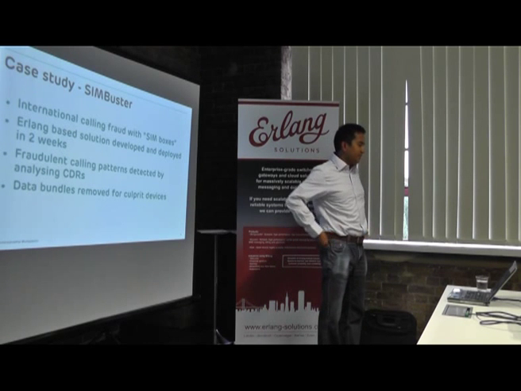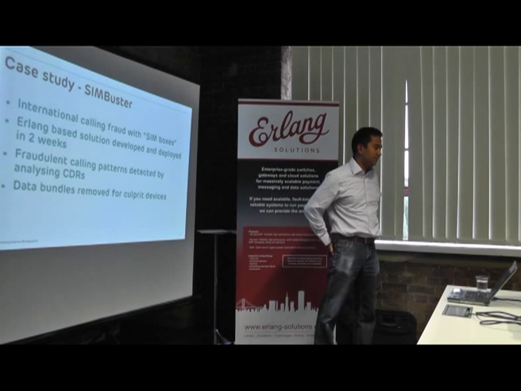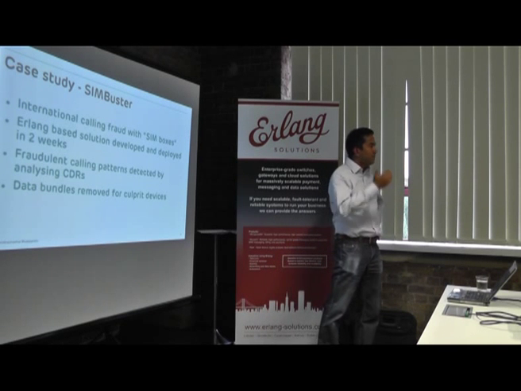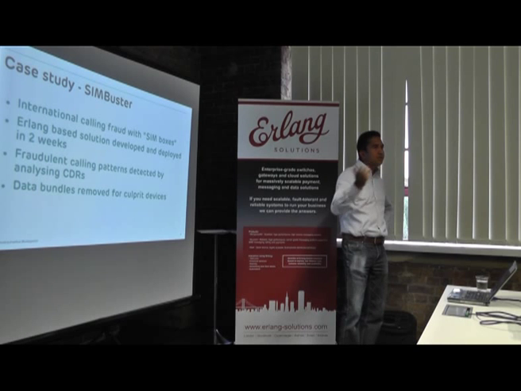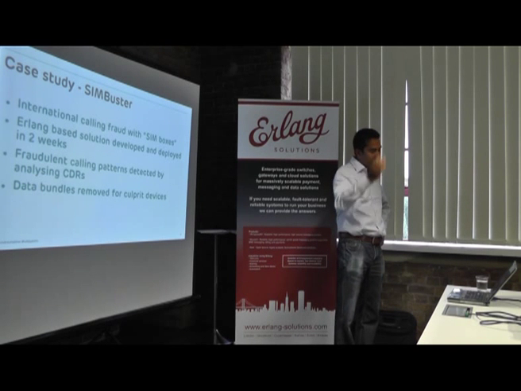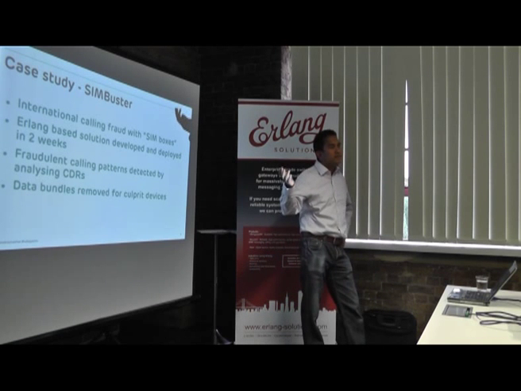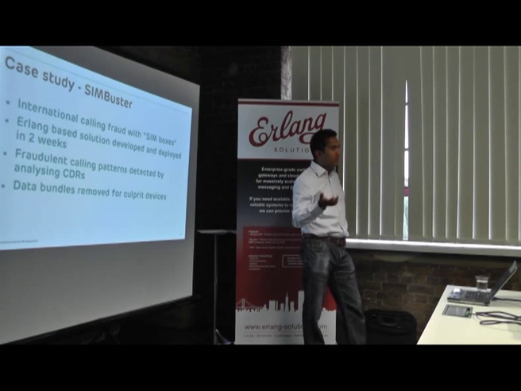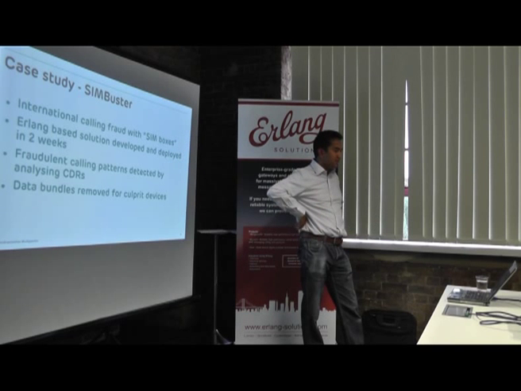So just to illustrate how quickly we can do stuff with Erlang, we were suffering from this fraud called Symbox fraud. Basically, international calling over mobiles is pretty expensive. So what people used to do was they get these devices called Symboxes. If somebody wants to call from India to the UK, for instance, that's quite expensive if you did it fully over the proper GSM networks.